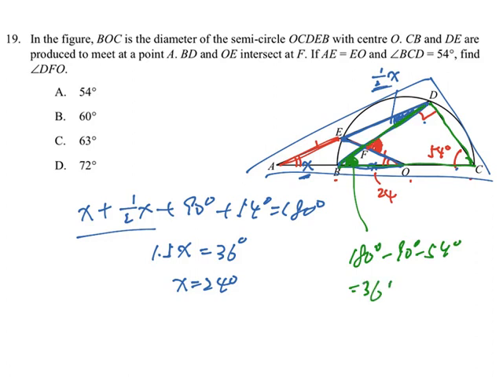To calculate the red one, it is actually this one plus this one, because of the exterior angle. So that means 36 plus 24, so 60 degrees. That means angle DFO is 60.